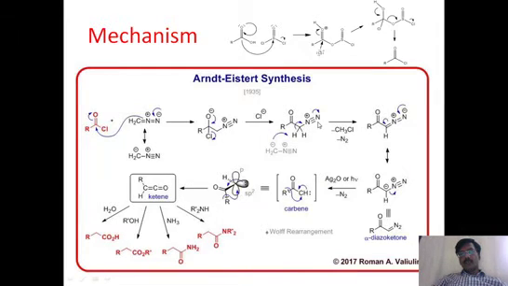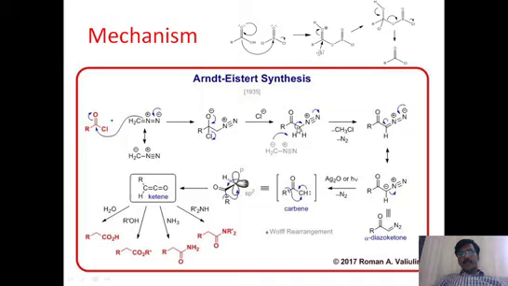Once the hydrogen is given out, this leads to RCOCHN2, with two double bonds, and this is diazoketone.